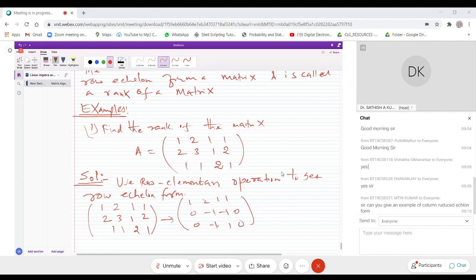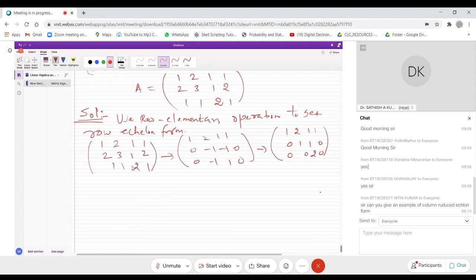Now again, you can add these two or subtract these two. So this will give us 1, 2, 1, 1, then 0, 1, 1, 0, and then 0, 0, 2, 0, right? This is another operation, R2 plus R3.